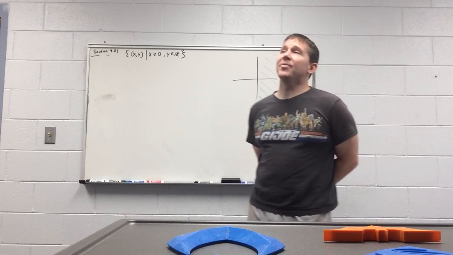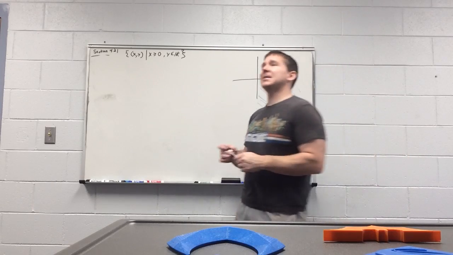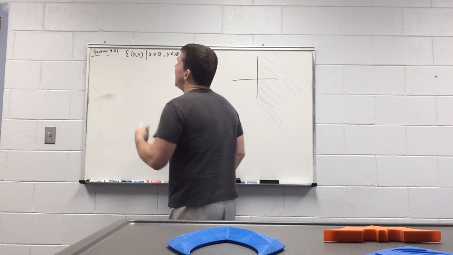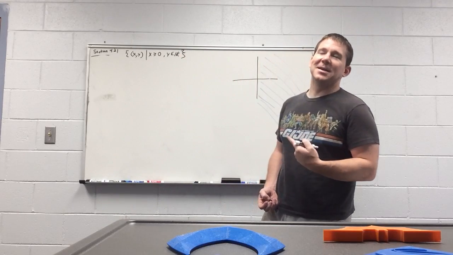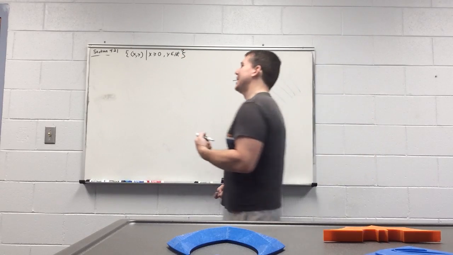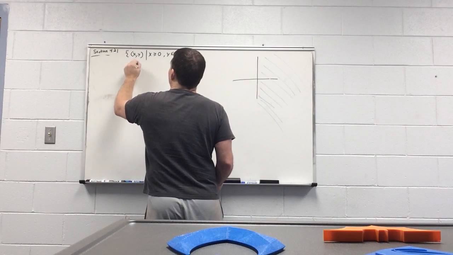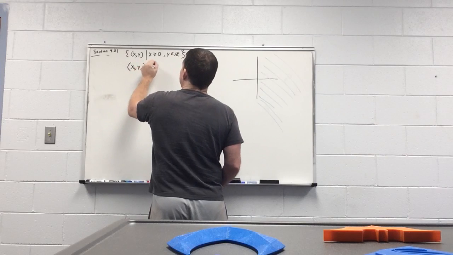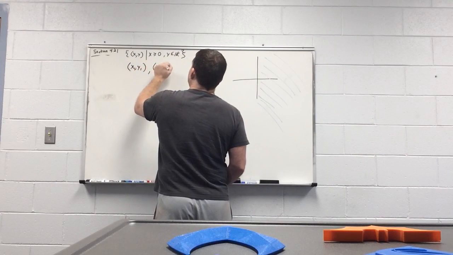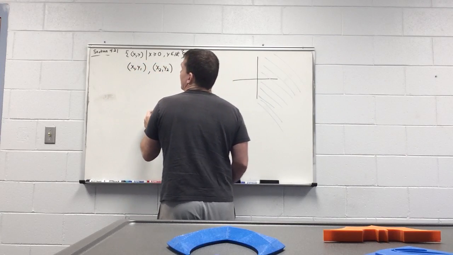Well, we could run through the axioms. If I start with the first one, now, because I kind of know the ending here, we're going to shortcut this. Closure under addition. Let x sub 1, y sub 1 be one element, x sub 2, y sub 2 be another element.